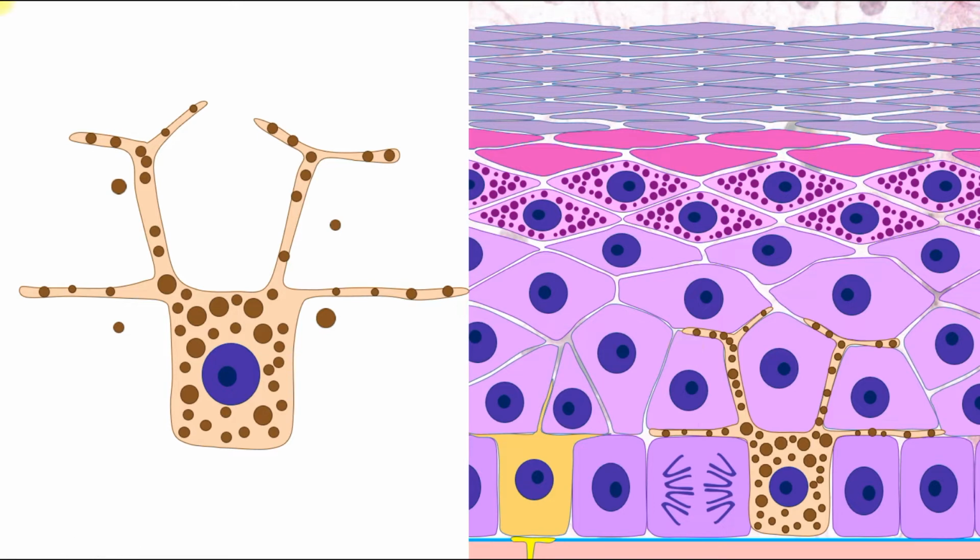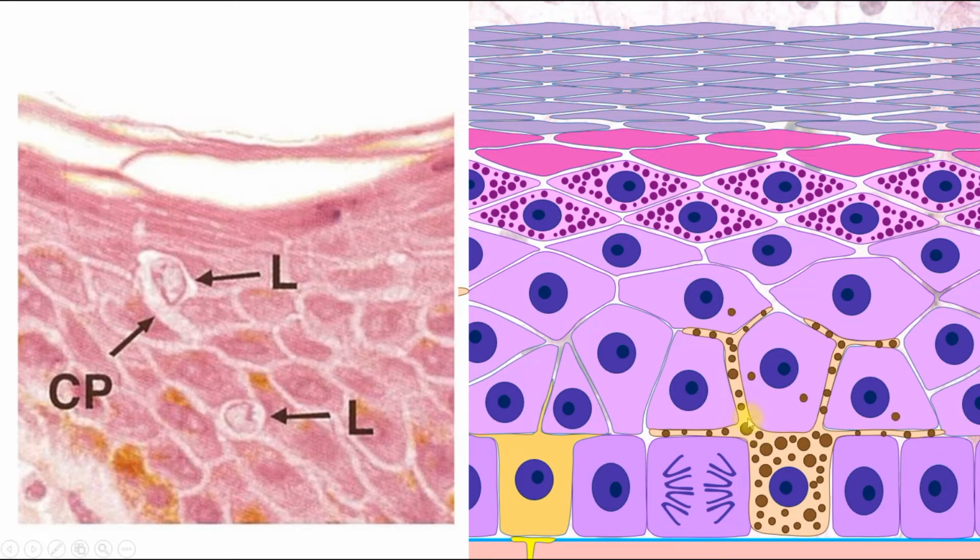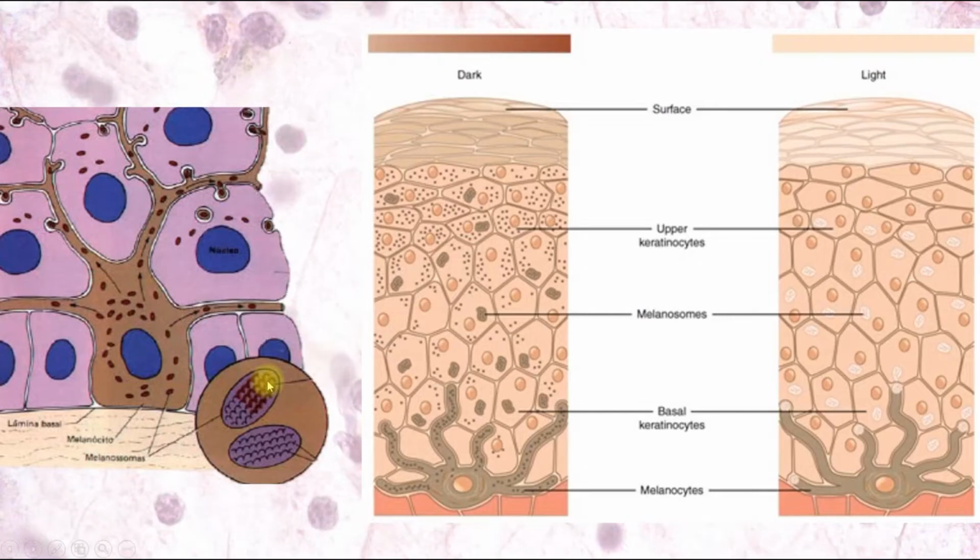They don't produce melanin. Here we can see that keratinocytes uptake, they eat melanin, and they don't produce this melanin, but they contain melanin which they have received from neighboring melanocytes. Here we can see keratinocytes which have inclusions of melanin.